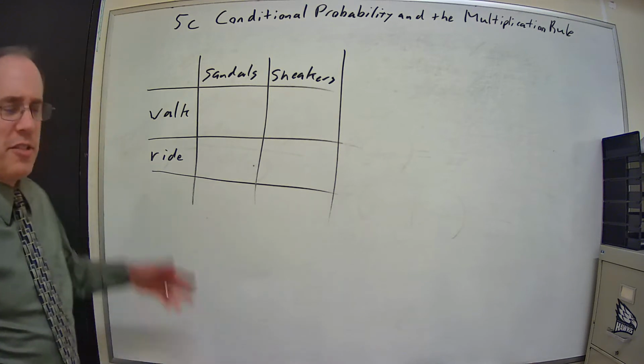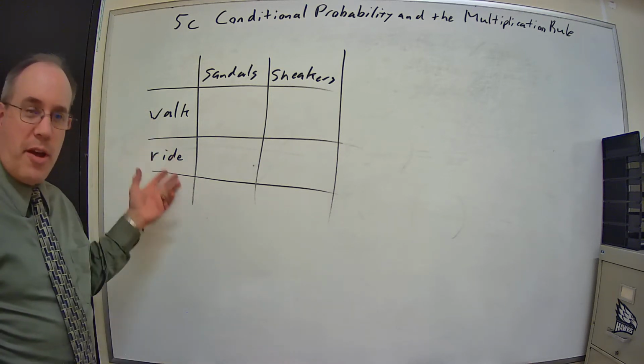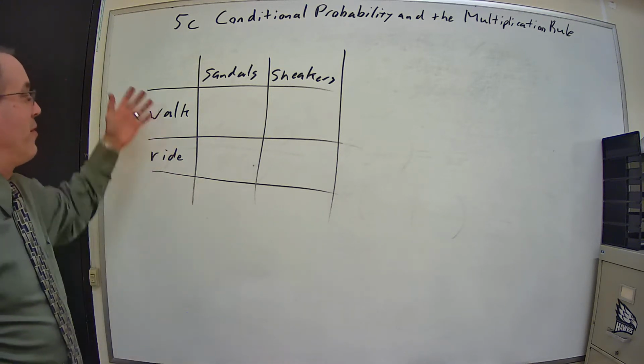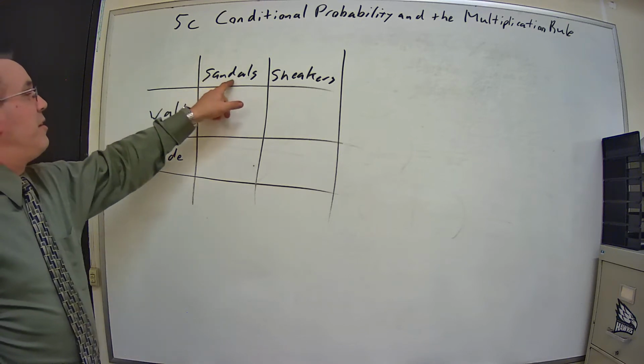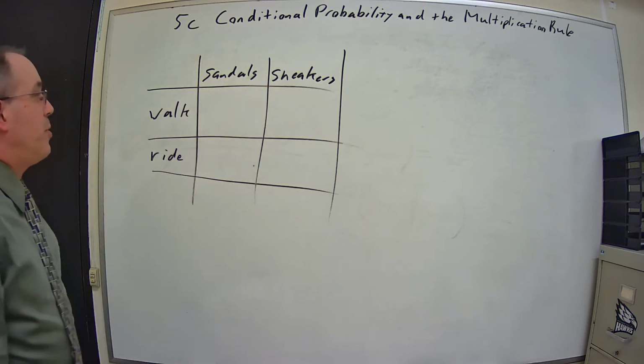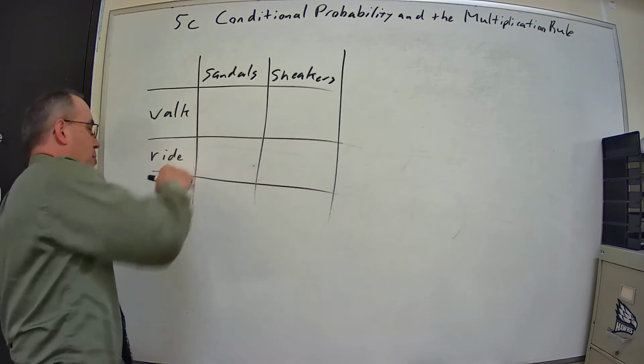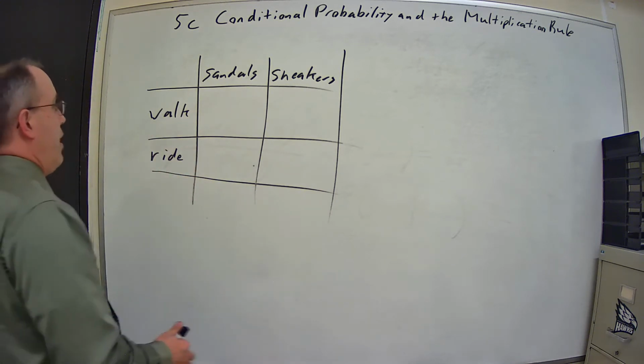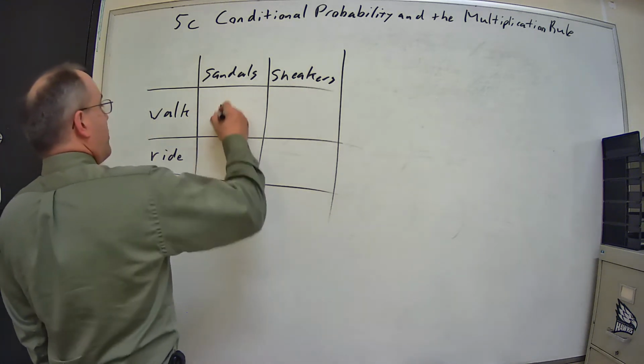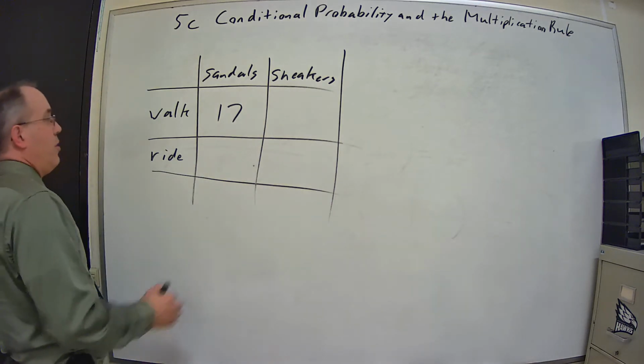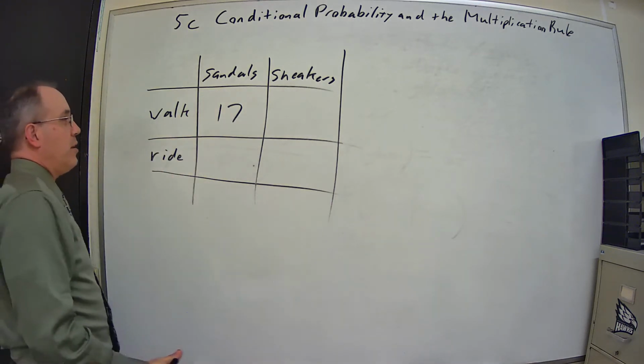That gives me a lot of flexibility there, whether it's ride in a car, ride a bicycle, ride on a skateboard, whatever the case may be, right? So people who wear sandals, people who wear sneakers, people who prefer to walk, prefer to ride. So I have 17 people who wear sandals who prefer to walk.